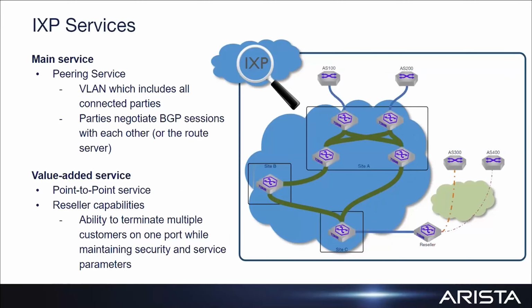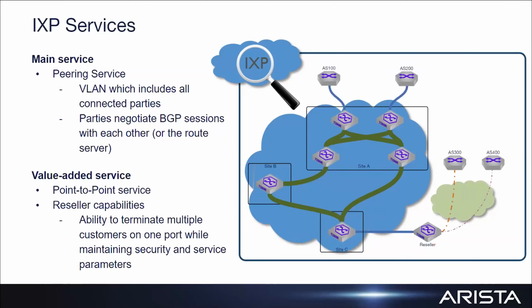So depending on the size of the IXP, just one big VLAN where there is a /24, /23, /22, something like that. Every member gets allocated an IP address, and based on that service, the participants can then just negotiate peering sessions or BGP sessions with each other, exchange routes, and therefore improve the flow of their traffic.